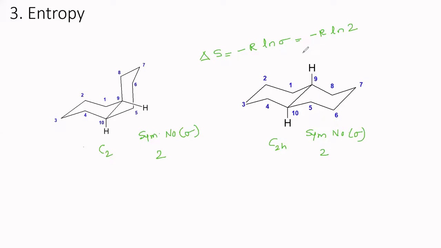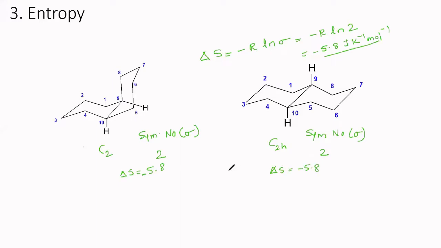When you do all this calculation, you will get the answer minus 5.8 joule per Kelvin per mole. Since both of them have the same symmetry number, the entropy for this molecule is minus 5.8, and for this also it is minus 5.8.